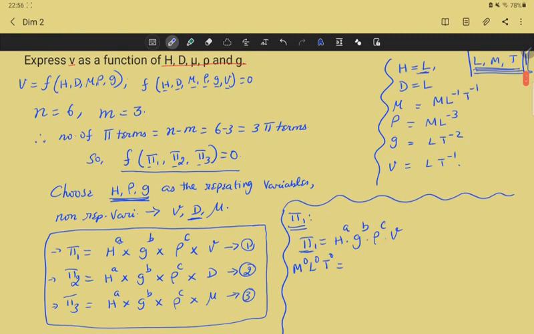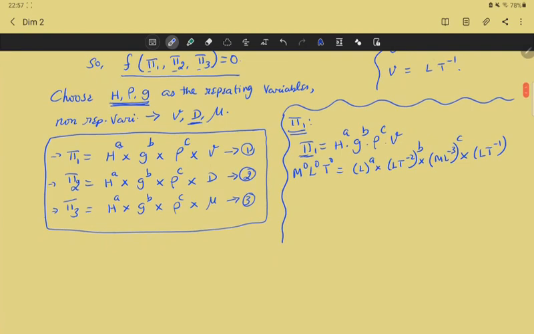The dimension of h is L power a, for g it is LT power minus 2 power b, for rho it is ML power minus 3 power c, and for v it is LT power minus 1. Now all that I have to do is expand the equation.